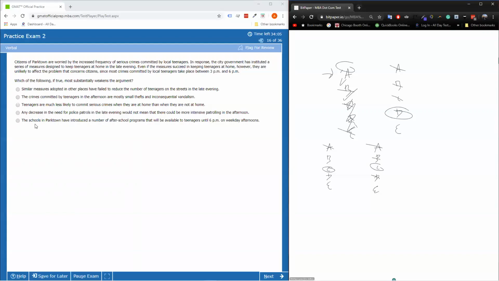The schools in Parktown will be available to teenagers until 6 p.m. Ooh.